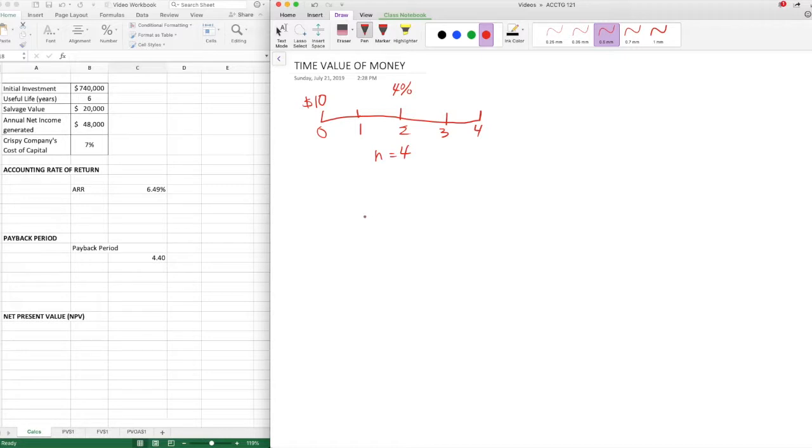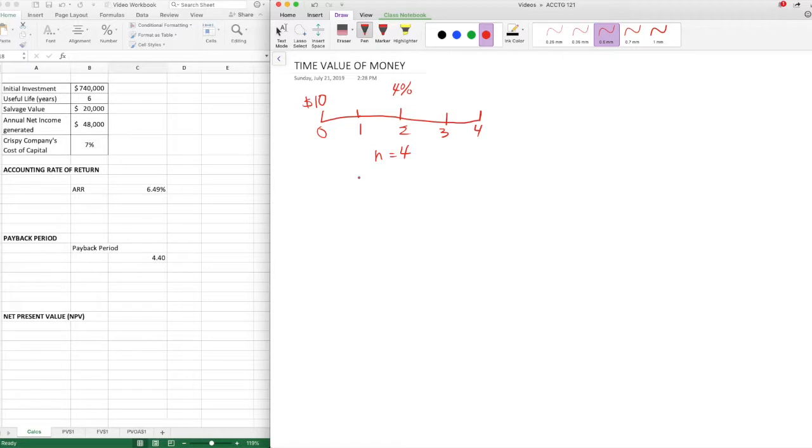So our number of periods is 4. We've invested $10 at 4%, and now it's going to grow. How it grows depends on the kind of interest that the person gets.